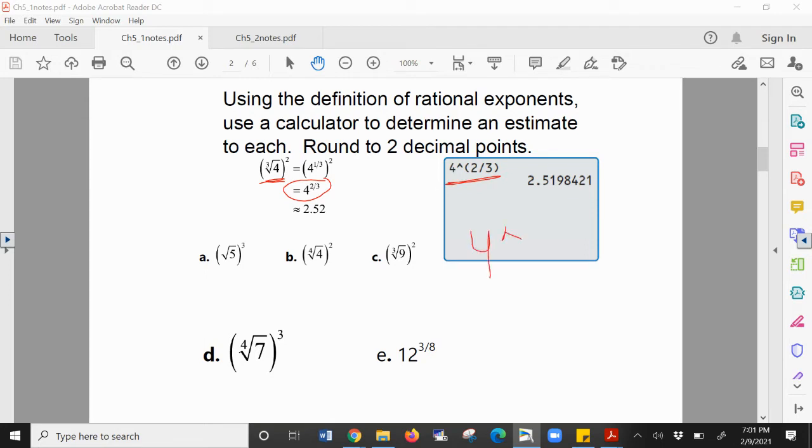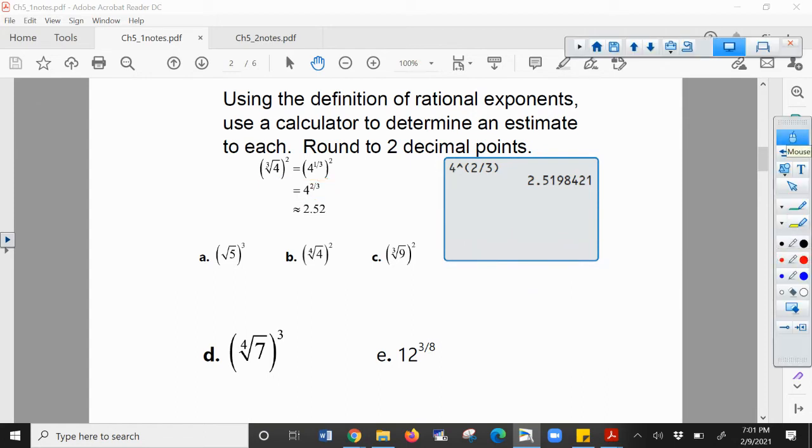If you did 4 to the 2/3 without them, that would be the same as doing 4 to the 2nd power divided by 3, and you won't get the same answer, you'll get 5 something, right? So you want to be able to do these without that mess. So take a moment and figure out these, and then we'll check them.